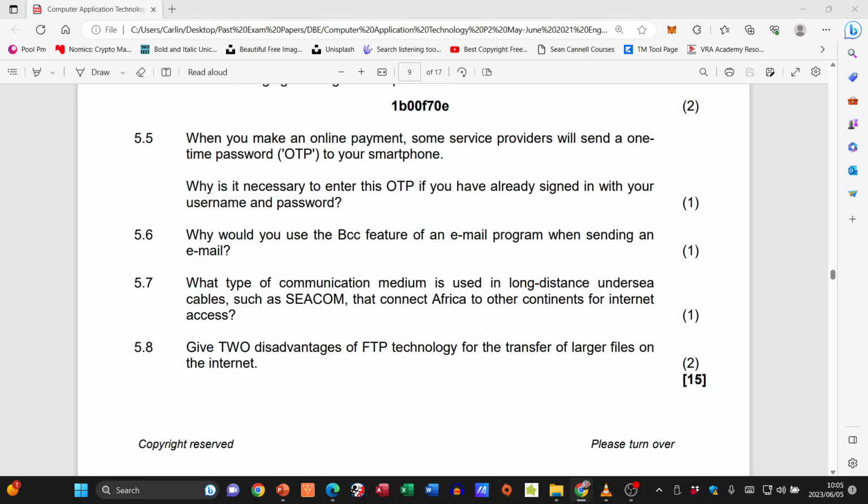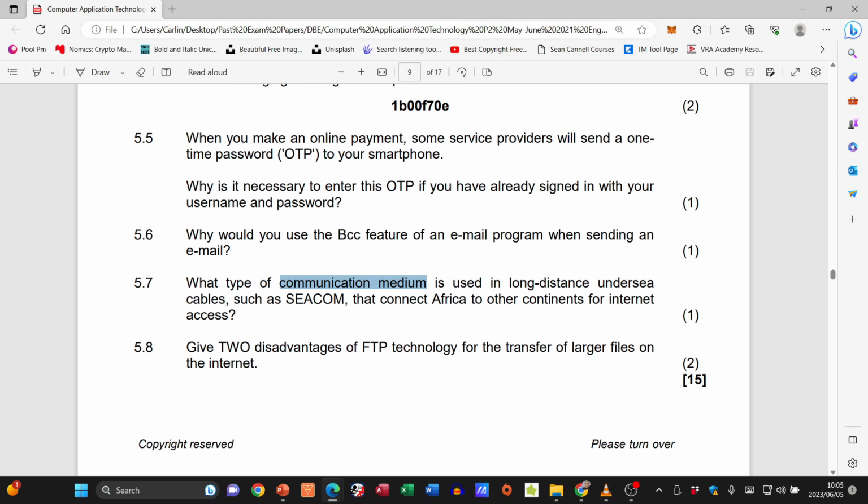Then let's see. 5.7. What type of communication medium is used in long-distance undersea cables, such as CCOM, that connect Africa to other continents for internet access? Okay, big one there. Now, when we talk about communication medium, we're talking about how these areas are connected together.